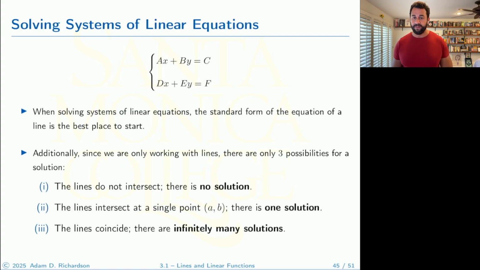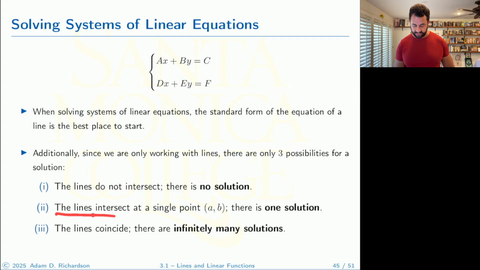Oh yeah. For this particular application of systems, the standard form of a line is usually the easiest. It's the best place to start. And also because we're only working with lines and not any general function, there are only three possibilities for a solution. One, the lines do not intersect. That means there's no solution to the system.